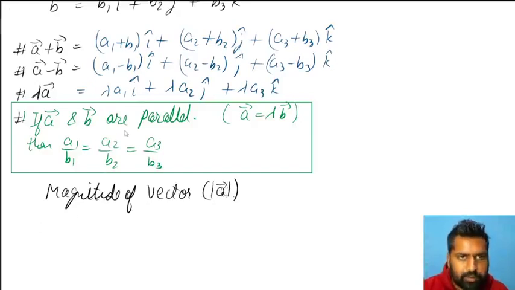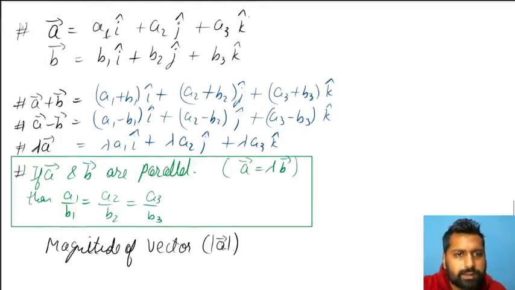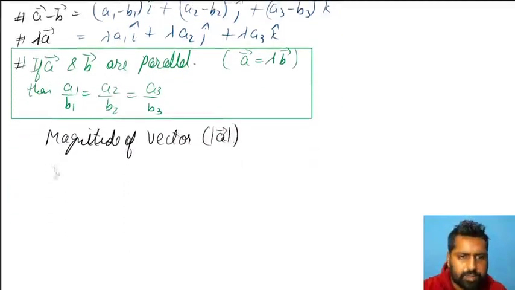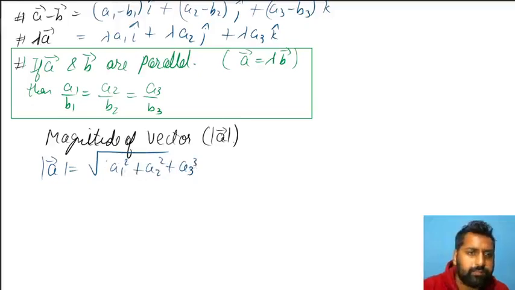Our vector was a1 i, a2 j, a3 k. You just get the magnitude like this: you add each component square, a1 square plus a2 square plus a3 square, and take the square root. This is how you can calculate the magnitude of a vector.